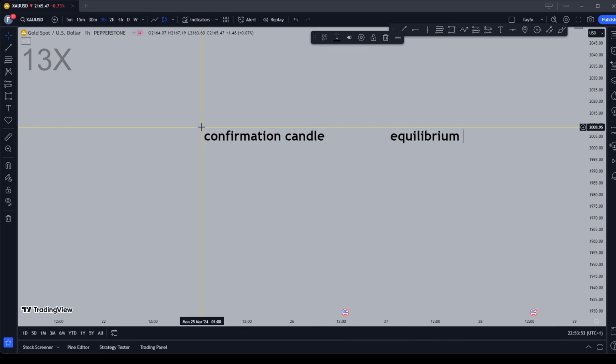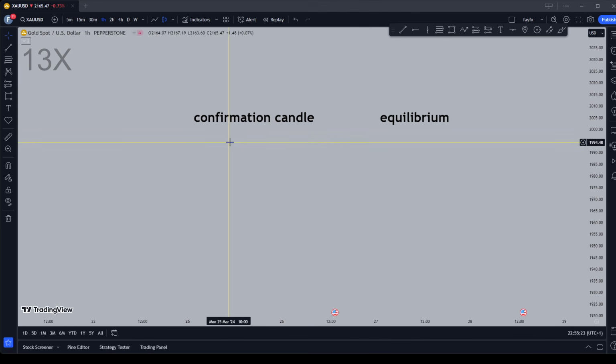What's the meaning of that? Let's begin with the confirmation candle.